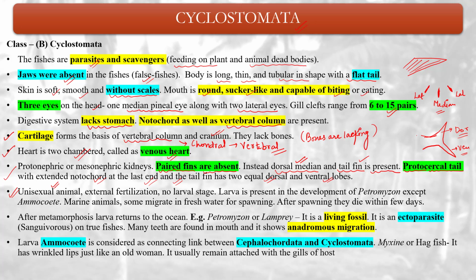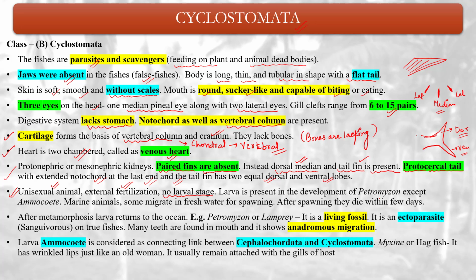They are unisexual animals, and obviously fertilization will be external, with no larval stage. Please remember, no larval stage. Larva is present in the development of Petromyzon.